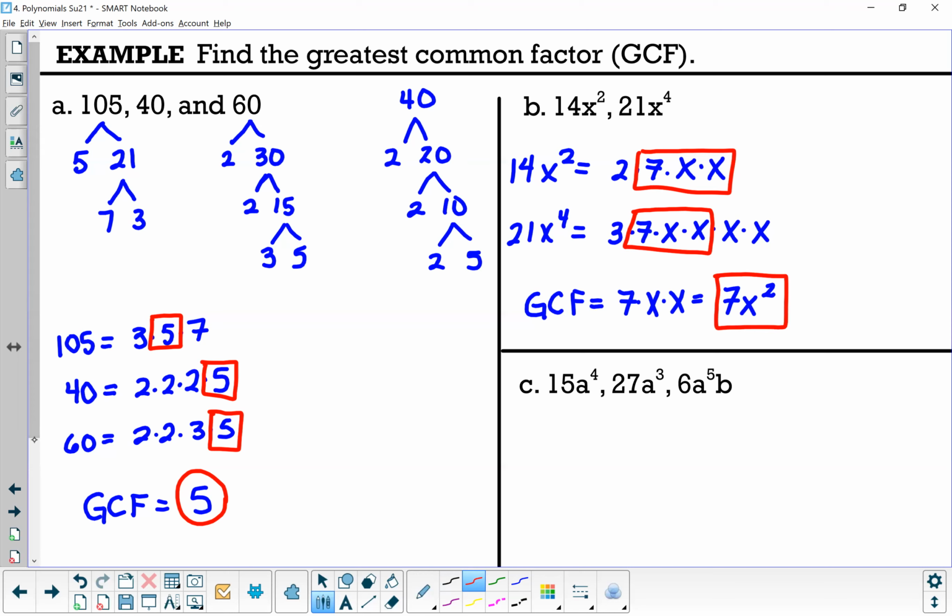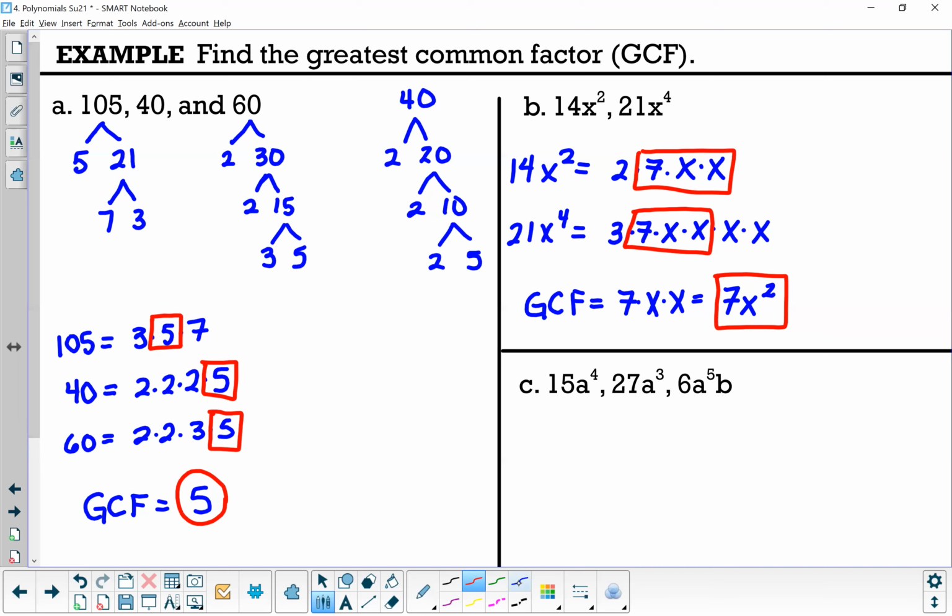All right, let's take a look at example C. We have 15a to the 4th, 27a cubed, and 6a to the 5th b. So let's find our greatest common factor.